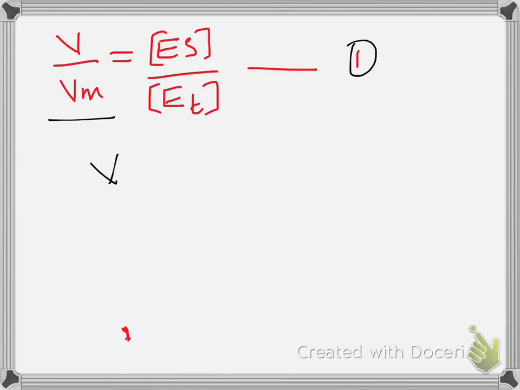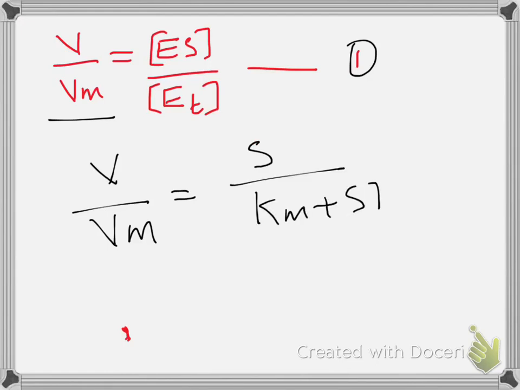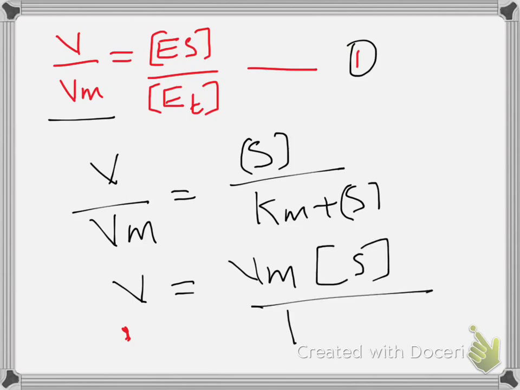So we get V by Vmax equals S by Km plus S. Now we get the equation for V: V equals Vm into S divided by Km plus S.